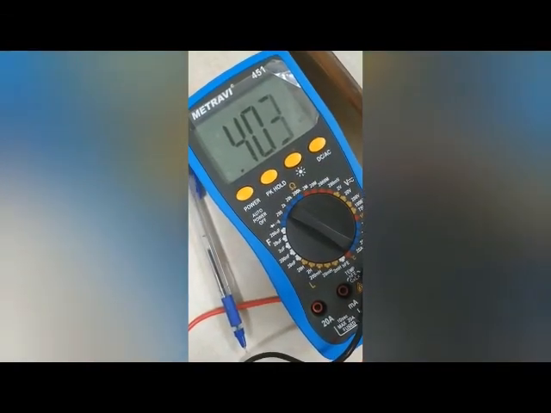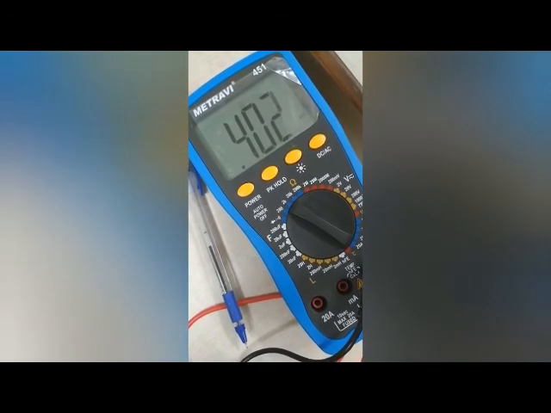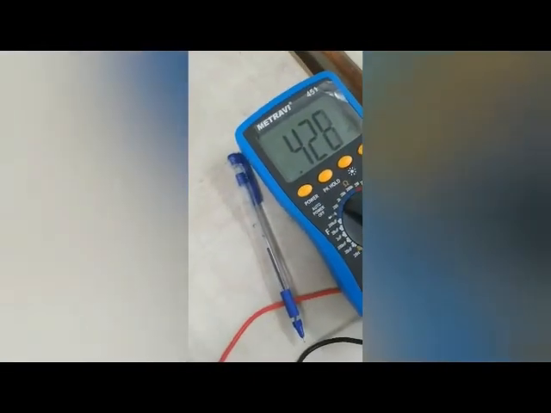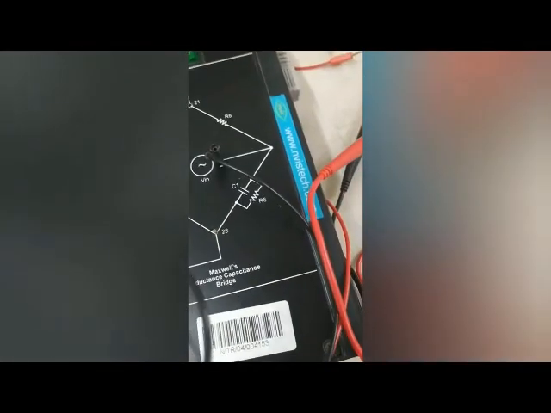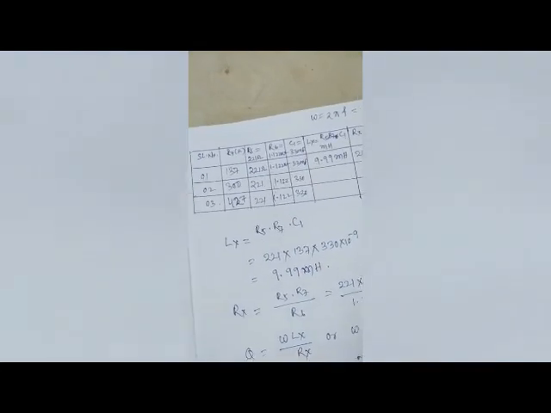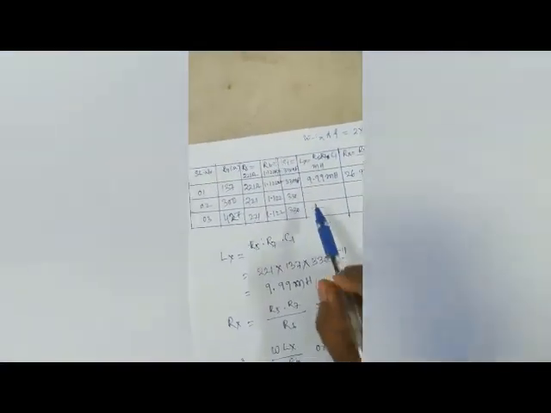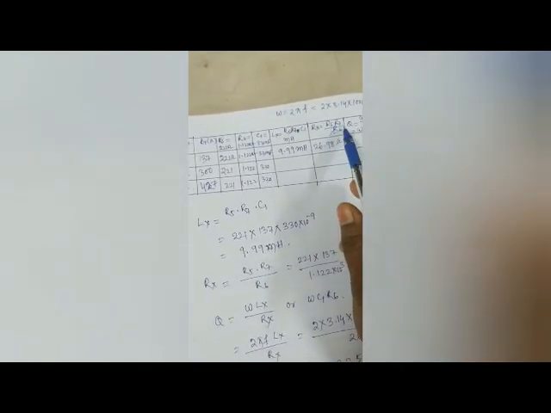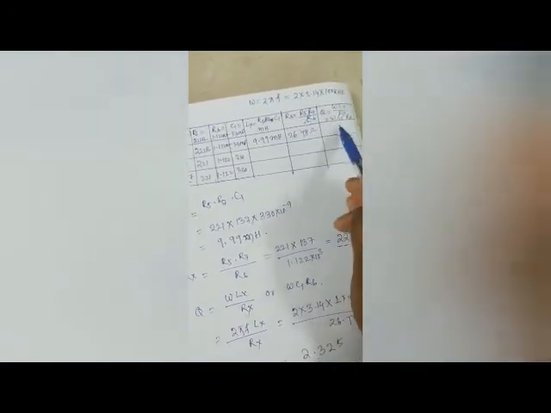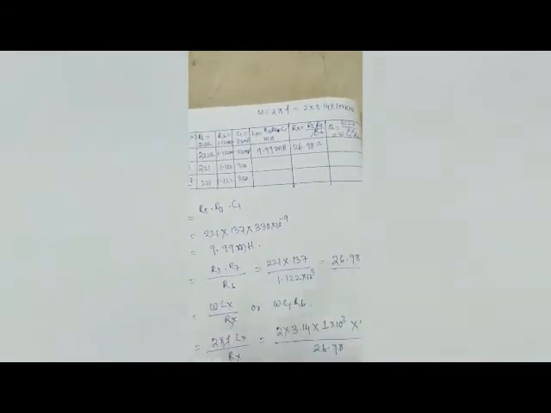R7 is 427. Then go for the calculation. So here calculate the value by using same Lx equal to R5 R7 C1 and Rx equal to R5 into R7 by R6 and calculate the value of Q. Thank you.